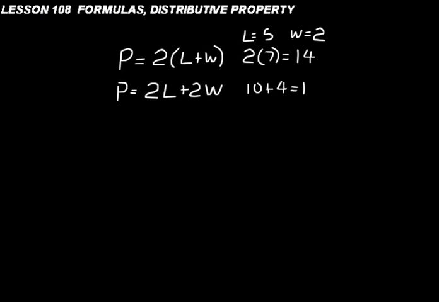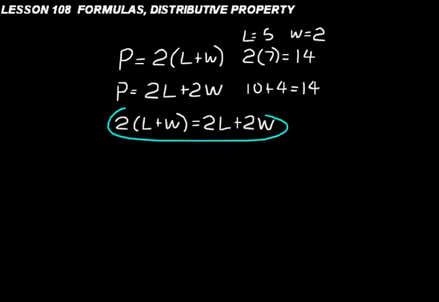That also equals 14. So we get the same answer either way. So what that means then is 2 parentheses L plus W equals 2L plus 2W. And that right there, that's an example of the distributive property.